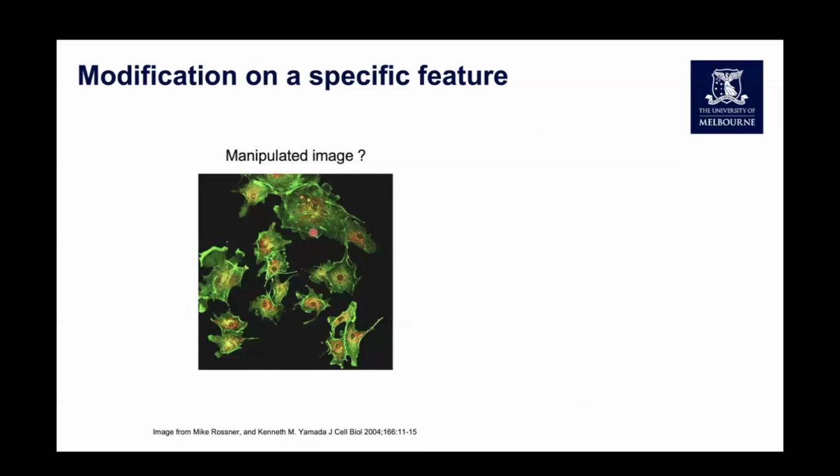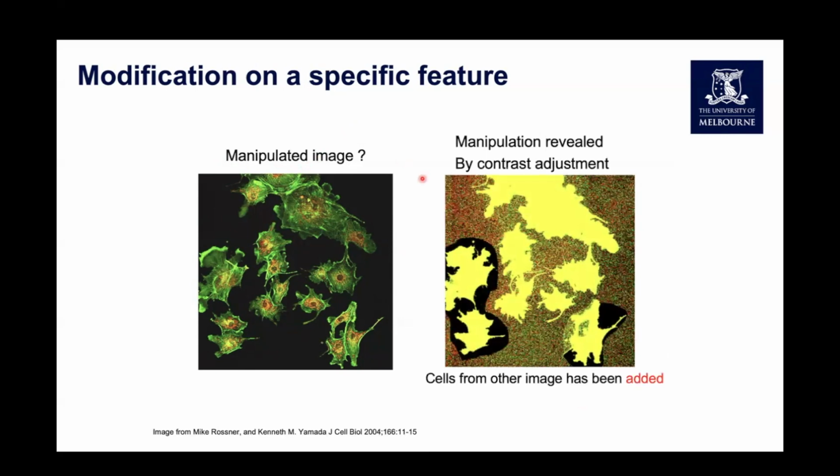In this case, this is a fluorescence image. Here we've got a bunch of cells, and in the manipulated image, if we go in and do a simple contrast adjustment, we can actually see that it looks like these cells here on the left and these on the bottom right have a very different background to those from the rest in the image.